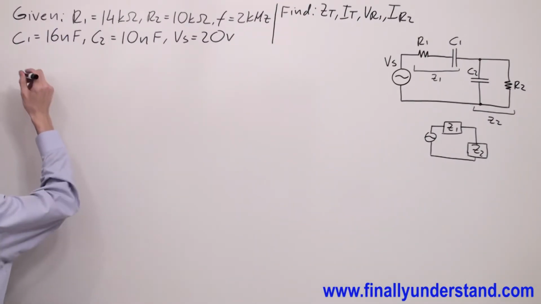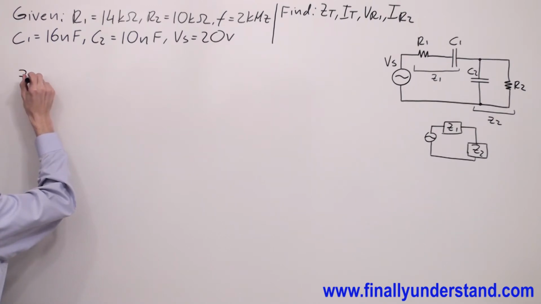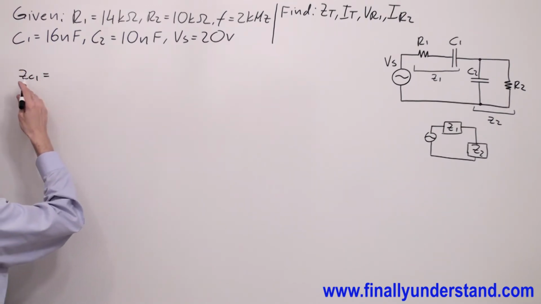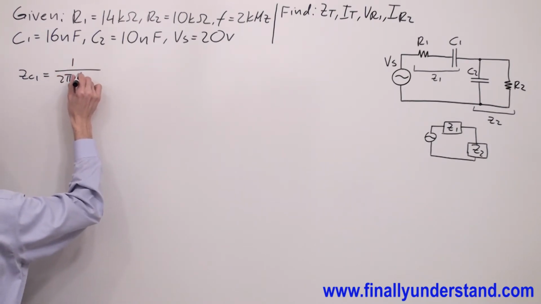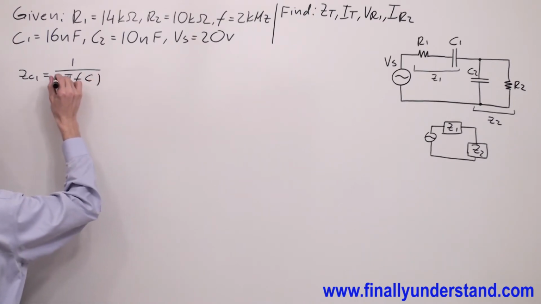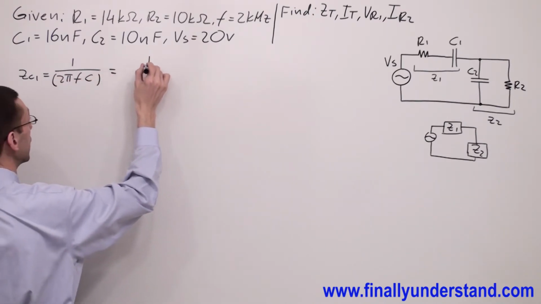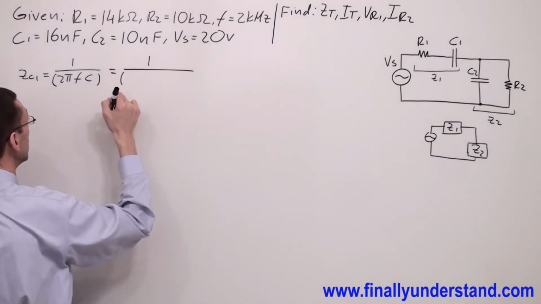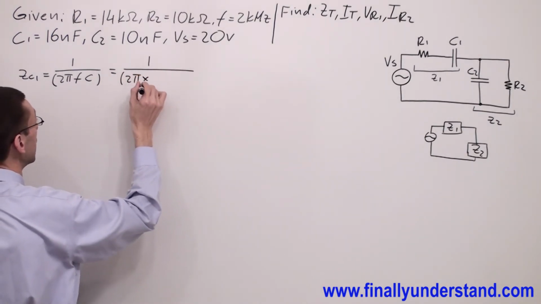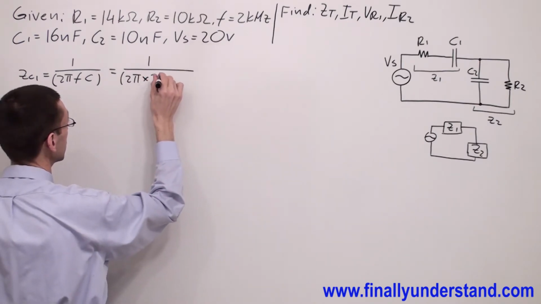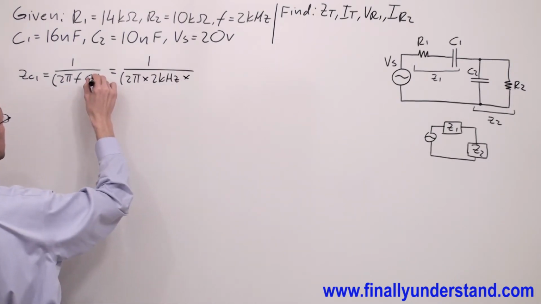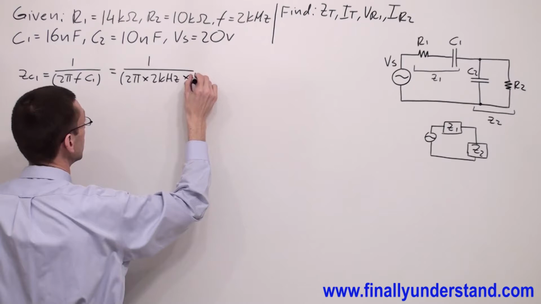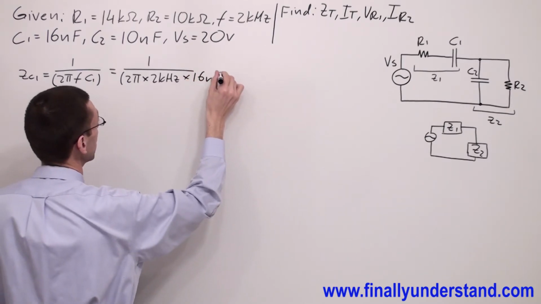So first, in order to find Z total, we're supposed to find ZC1. The formula for the impedance of the capacitor is 1 over 2 pi FC. So I have 1 divided by, open parenthesis, 2 pi times the frequency, which is equal to 2 kilohertz, times capacitance C1, which is equal to 16 nanofarads.